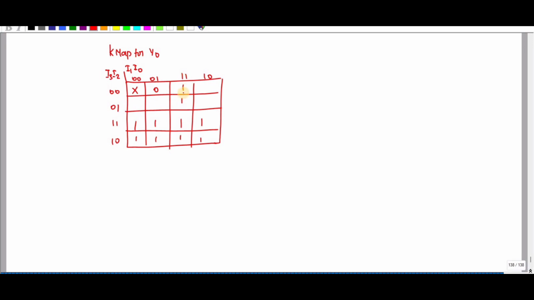Here I1 is 1, but the highest priority is I2 here, so the output is 0 only. If I group this one, I form the output as I3, and I can group these two values.